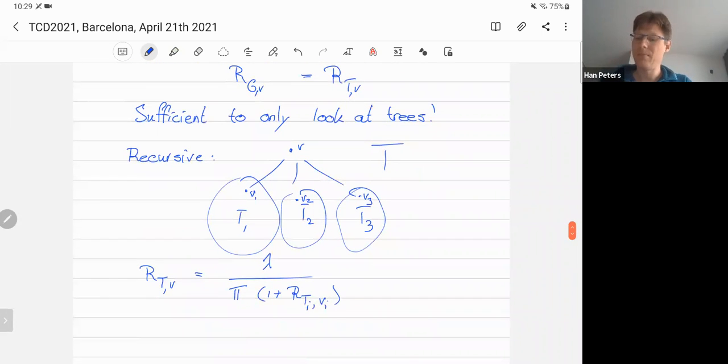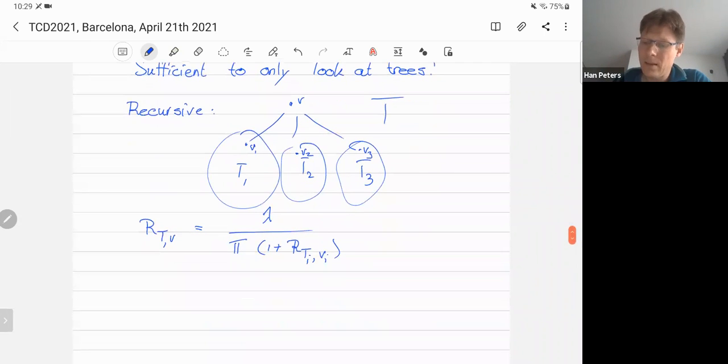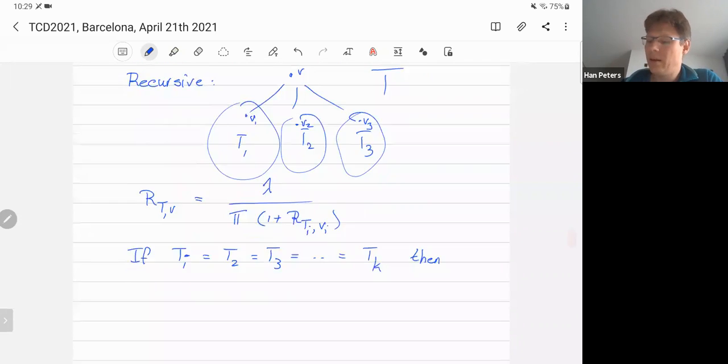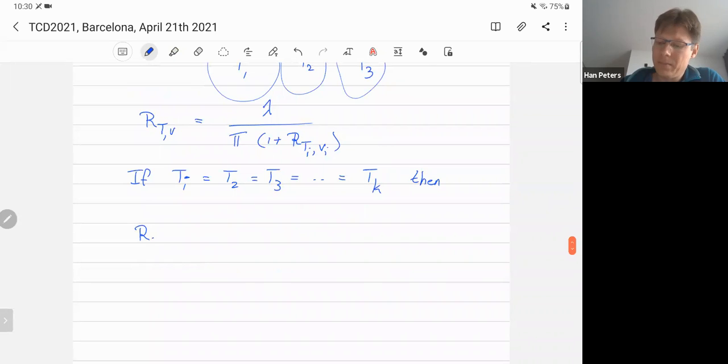So having this dynamical interpretation of ratios allows you to use methods from complex dynamics. So note that if T1 equals T2 equals T3, let's do it in general up to Tk, then R_{T,v} is lambda divided by 1 plus R_{T1} to the power k.